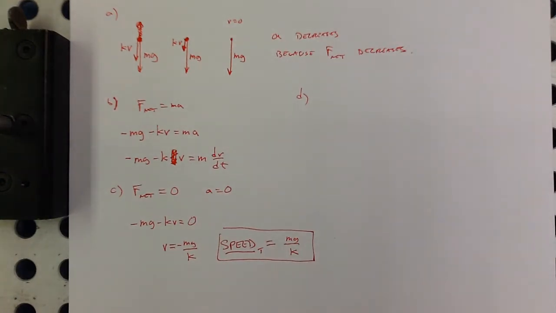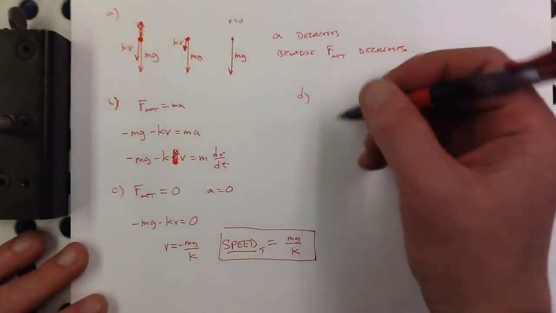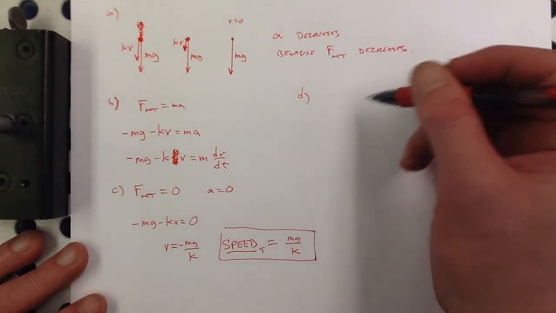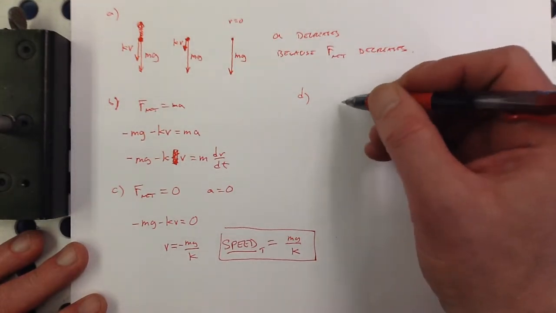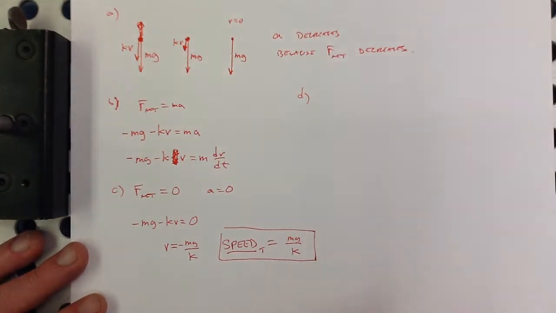Part D. Does it take longer for the ball to rise to its maximum height or to fall from its maximum height back to the height from which it was thrown? So does it take longer to rise or longer to fall? Let's see how we want to approach this.